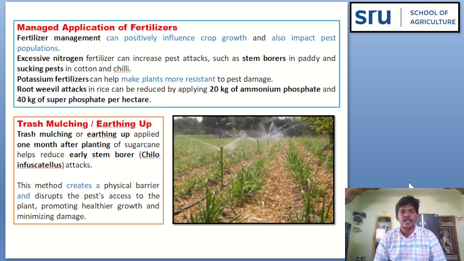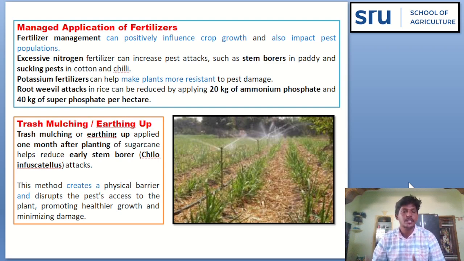Next, managed application of fertilizer. Fertilizer management can also positively influence crop growth and impact pest population. See, when we are giving excessive nitrogen to our crop, it makes the crop more succulent and attracts so many pests.